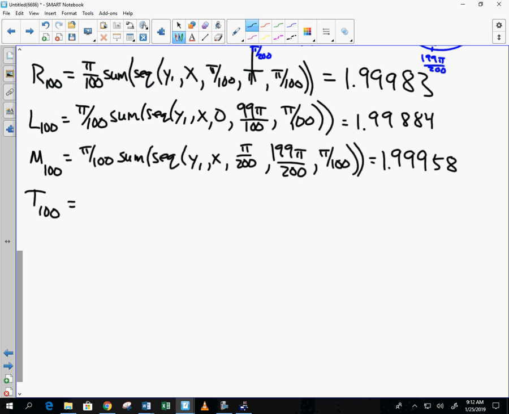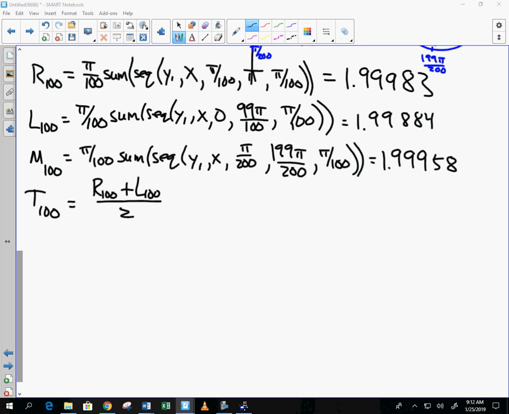We have one more to do, and that is the trapezoidal sum. Were our widths the same? Yes, they were. All we need to do is average the left-hand and the right-hand sums. Right-hand sum 100 plus left-hand sum 100, divided by 2.